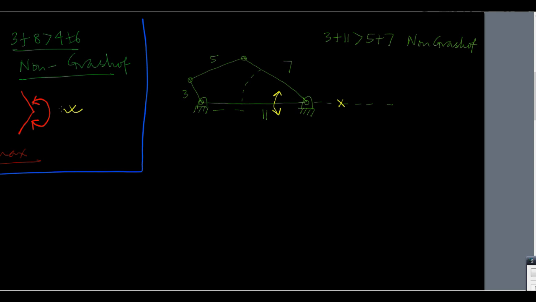That is easy. Now, because this arc of length 7, radius 7, 3 and 5 collinear make it 8. So then that is about 8 here. That's the length.